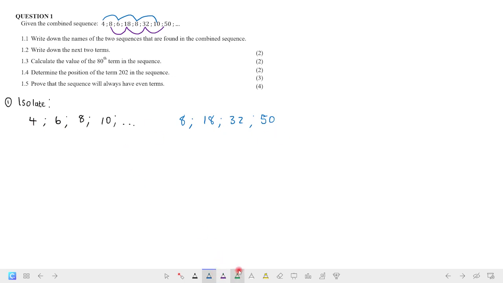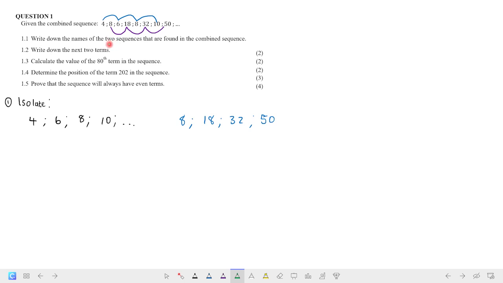Once you have isolated them, please understand that this is term 1, term 1, term 2, term 2 of the different sequences. But if you combine them, this 4 is term 1 there, but this 8 is term 2 there, right? In the question, they will ask you, for example, to calculate term 100.